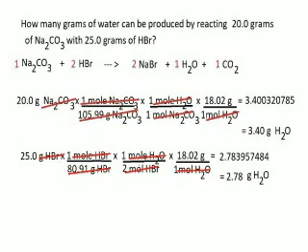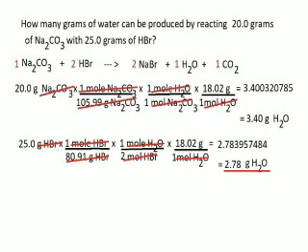So no, we are not going to create 3.4 grams of water from the sodium carbonate and 2.78 grams of water from the HBr. We're actually going to produce one or the other of those quantities. And which one are we going to produce? And the answer is we're going to produce whichever one is less, in this case the 2.78 grams. And why?